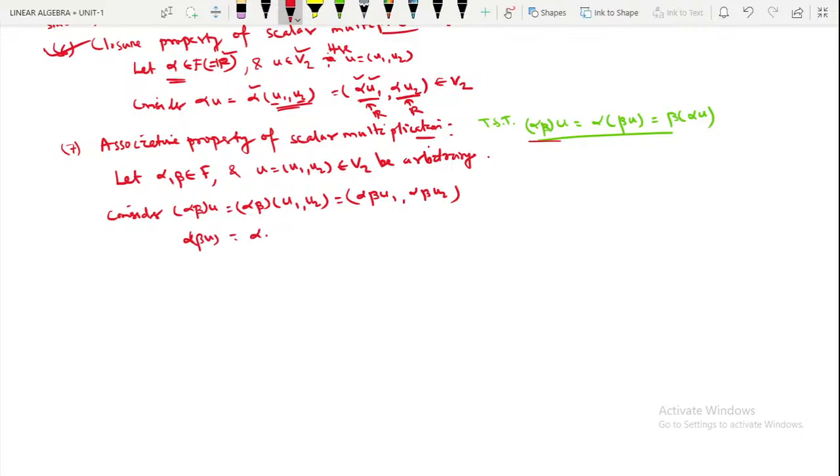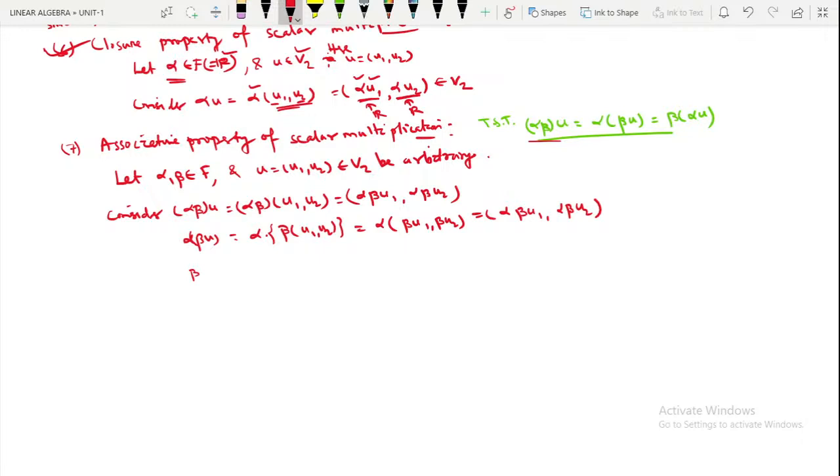This is alpha times (beta u1, beta u2), which is (alpha beta u1, alpha beta u2).